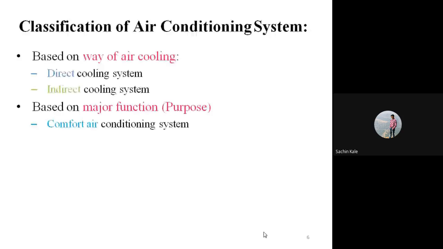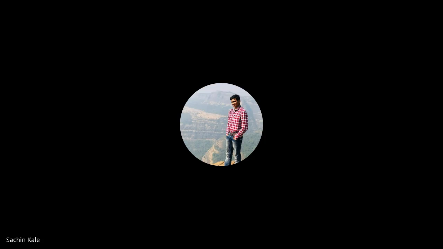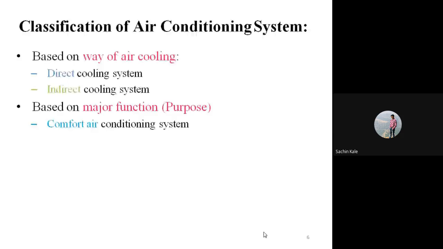For that purpose, most IT industries, as well as various offices, shops, restaurants, theaters, hospitals, schools, and homes also, we are doing air conditioning, and the main purpose is to obtain comfort.